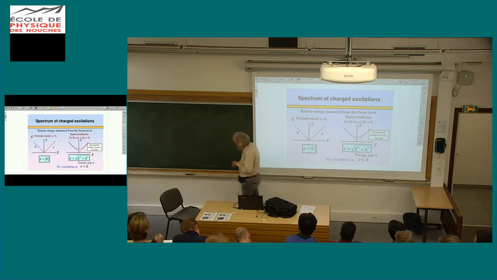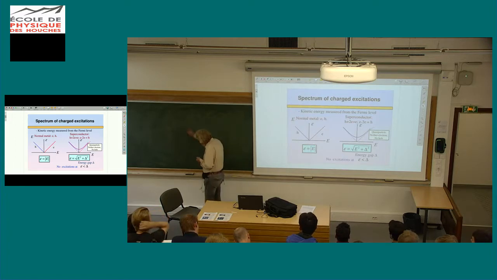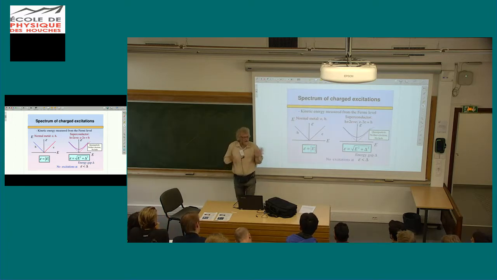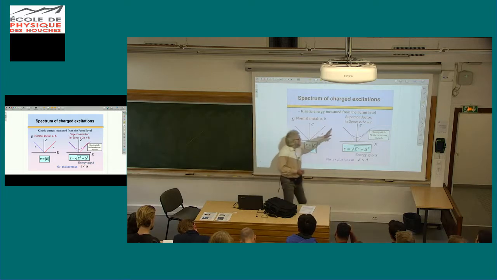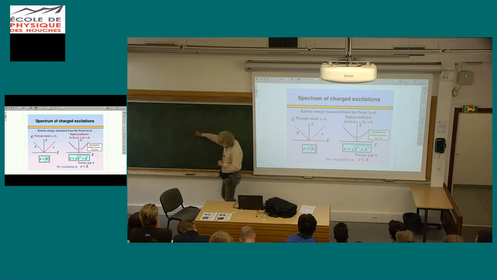Okay, perhaps you know, if levels cross, it's only possible if they don't talk to each other. If there is any overlap, any matrix element which connects these two levels, they repel from each other.